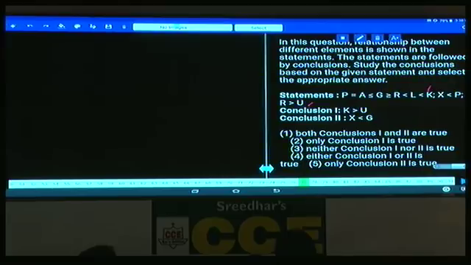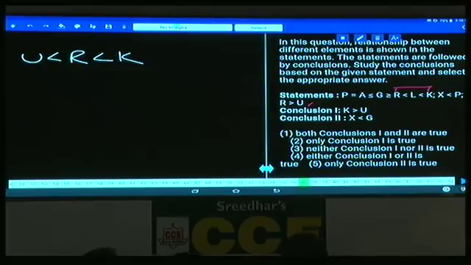What is the element which is common here? R is common. R is lesser than K, that is the conclusion from the first one, and R is greater than U. As R is greater than U, U is lesser than R. U lesser than R lesser than K. Finally, U is lesser than K, which implies that K is greater than U is definitely true. Hence, the first conclusion definitely follows.